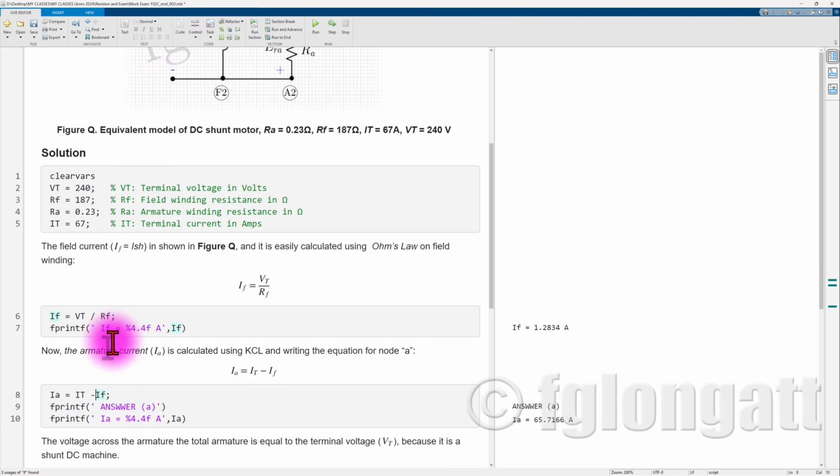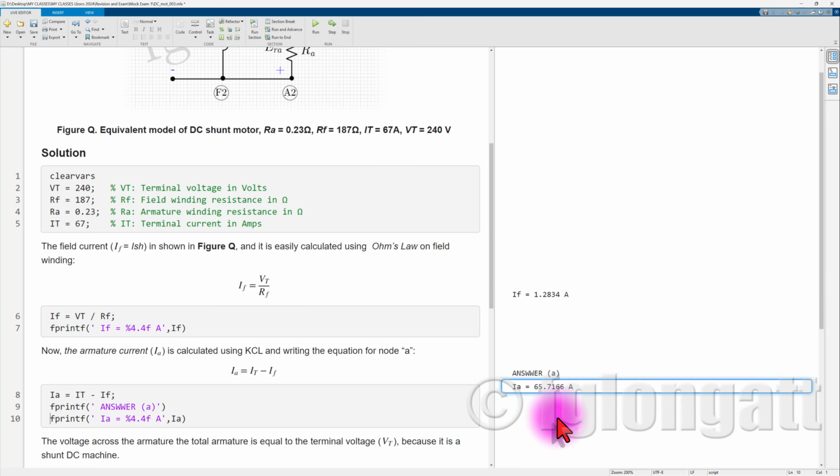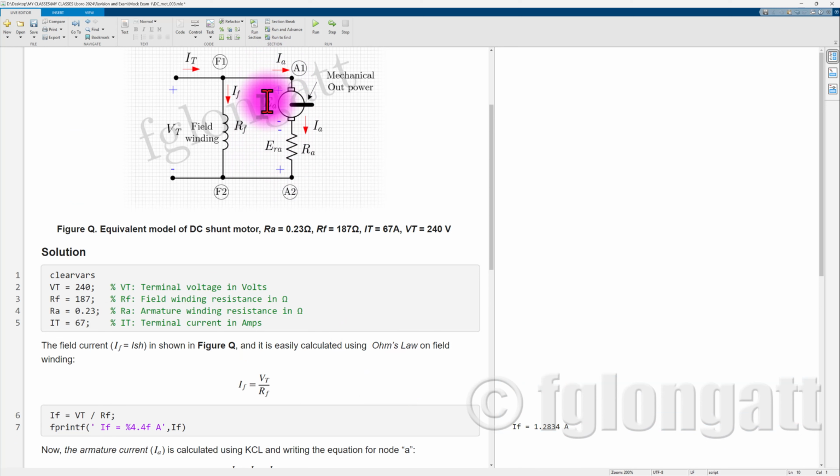So it's very simple to see that the armature current will be the 67 amps that we know from the statement minus the field winding current that we already calculated, 1.28 amps. So the answer for question A, the armature current, is 65.7 amps.